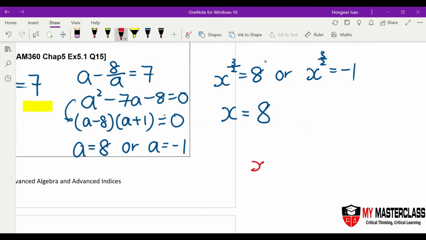If I have x squared equals 4, we know that x equals 2 or negative 2, because we square root. Remember today you learned square root is power half, so I power half on both sides. This one will just be the reciprocal, 2 over 3, because if I power 2 over 3, I remove the fraction.